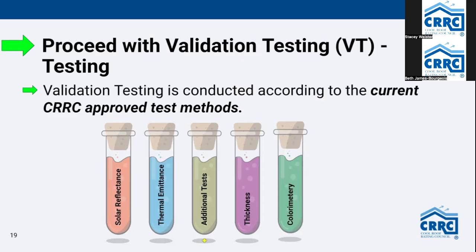In addition to the solar reflectance and thermal emittance, products like liquid applied coatings and single-ply membranes will also have their thickness measured, and color family products will have colorimetry measurements taken.